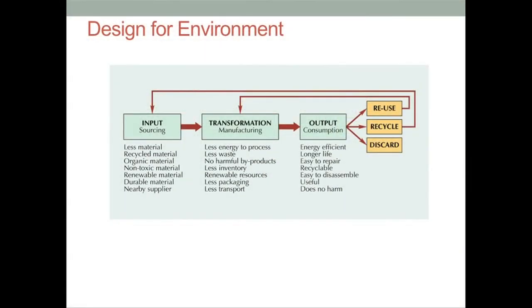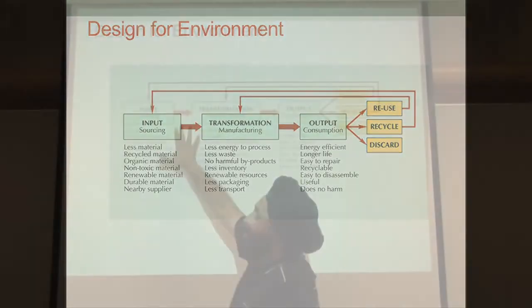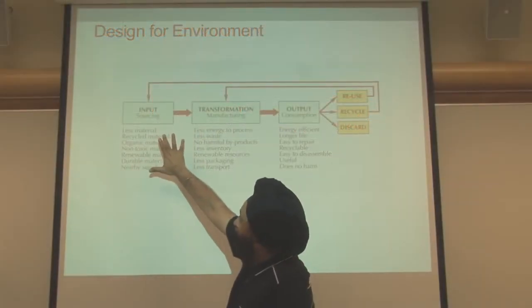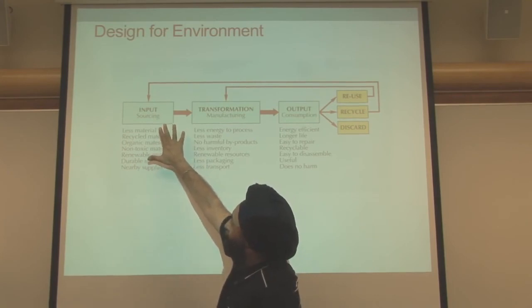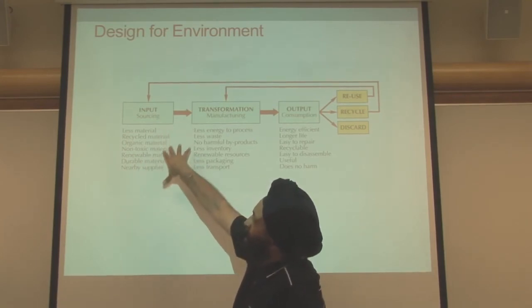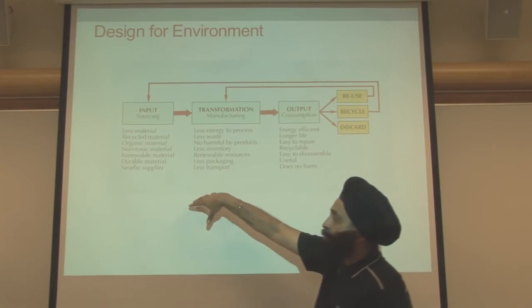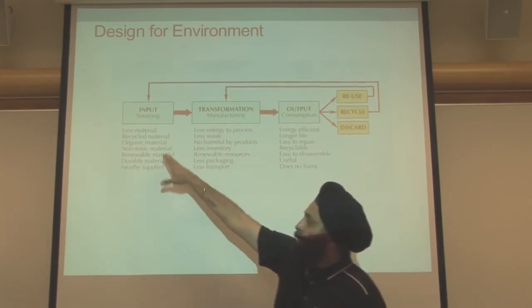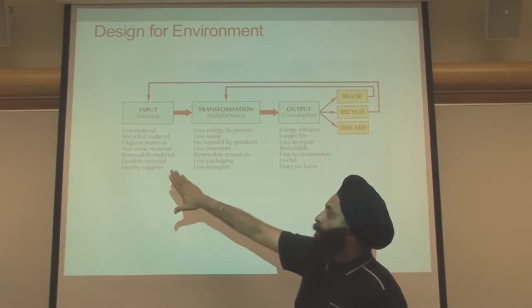So in this case, you can look into different types of environmental aspects. You look at input in terms of sourcing: less material, recycled material, organic material, non-toxic, renewable, durable material.